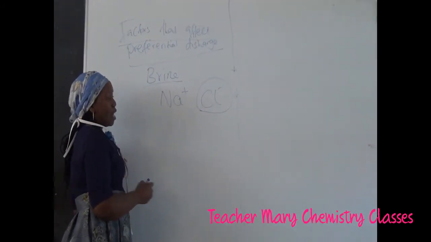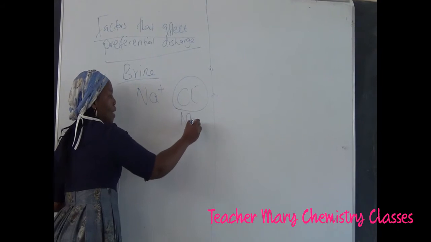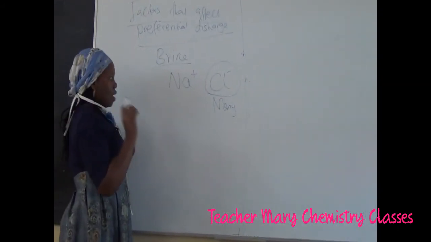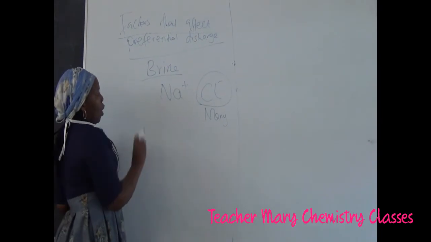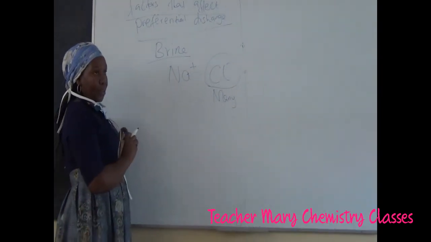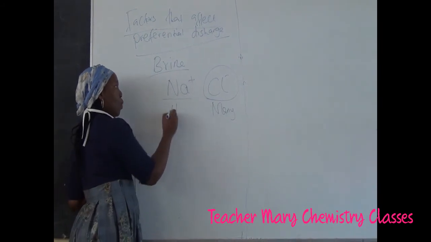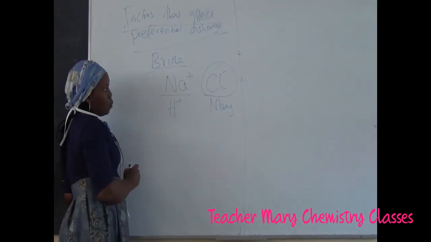Why will they be discharged? Because there are many in that solution. The concentration there is very, very high. Now, at the cathode, sodium ions and hydrogen ions are going to migrate there.